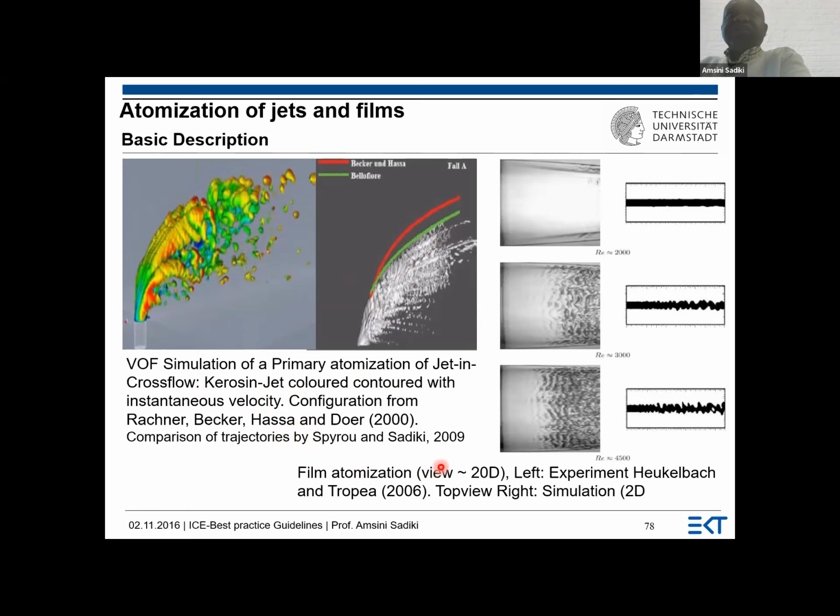So it was in 2009, to show that it is possible to track this process of atomization using numerical simulation. We also tried to calculate this jet breakup, and we also used the volume of fluid method, and the experiment was from Tropea. This is the experiment here, and this is what we obtain.